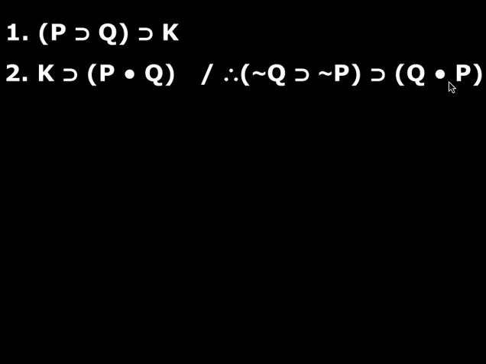Or I could manipulate these things first and then do the hypothetical syllogism. Either way, it's up to me. The way I'm going to do it is actually first I'm going to manipulate if P then Q and turn that into if not Q then not P.